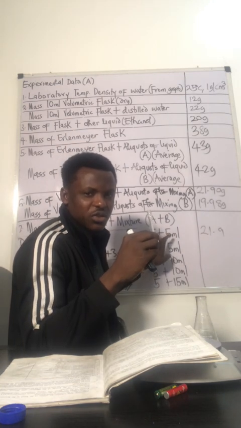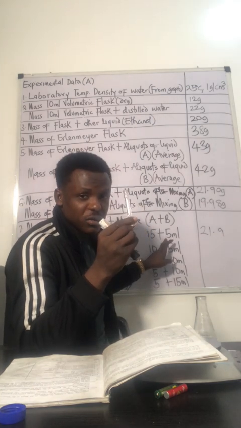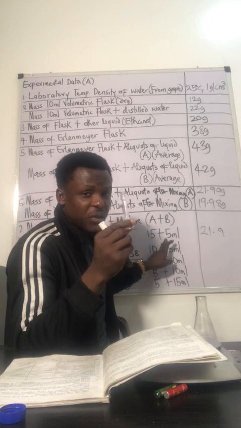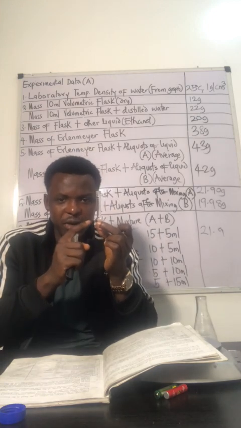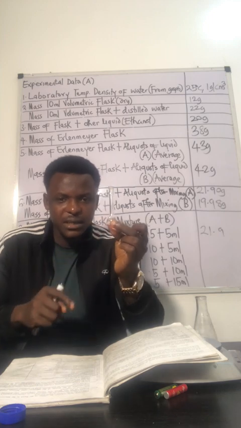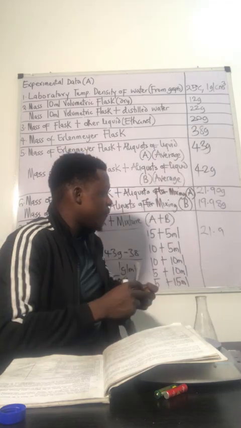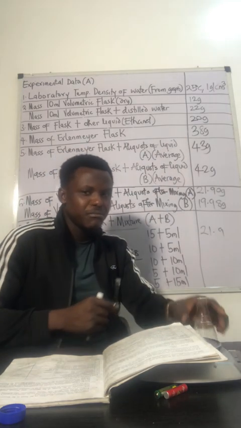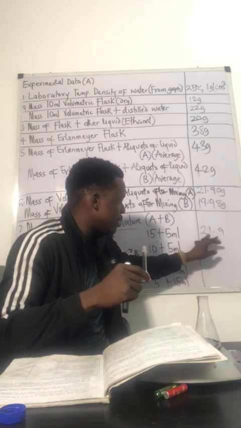The density of this mixture is going to be the mass of the mixture over volume. How do we get the mass of the mixture? Remember, we had already calculated the mass of this flask when it was empty to be 12 grams. Now we added a mixture of A and B into this flask, weighed, and got 21.9.